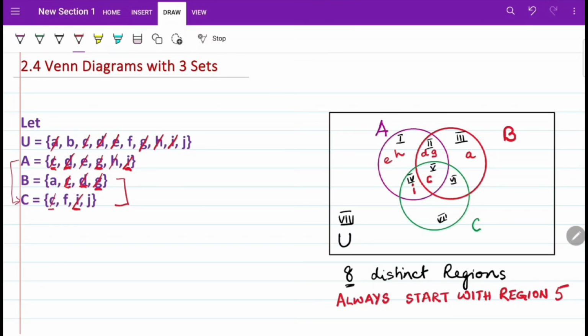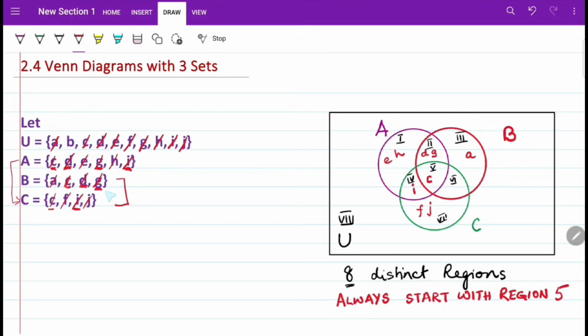And then A is also taken care of from B, we cross that out. And then from C, what is remaining? F and J, correct? So I'm going to fill in F and J in region 7, cross it out from C, and cross it out from the universal set as well.